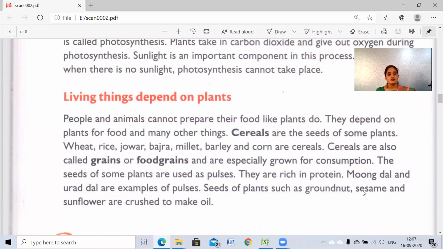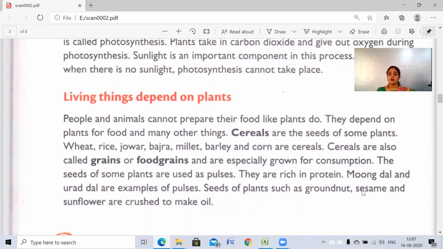See here, living things depend on plants. Yes, living organisms depend upon plants directly or indirectly for so many purposes, children. Which are those? Let's study. Okay. People and animals cannot prepare their food like plants, is it? Yes.